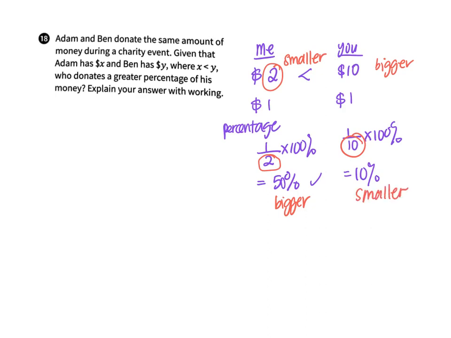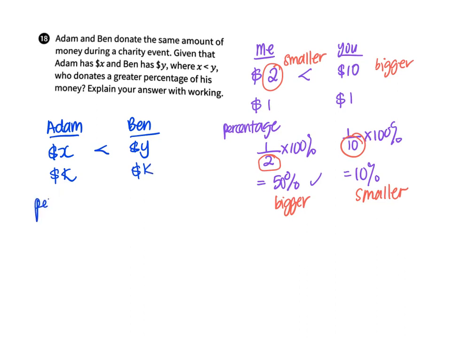Now if I were to consider that Adam originally has X dollars and Ben has Y dollars, and X is smaller than Y. Now they donated the same amount of money, so let it be K dollars. I do not know what this price is, so both donated K dollars.